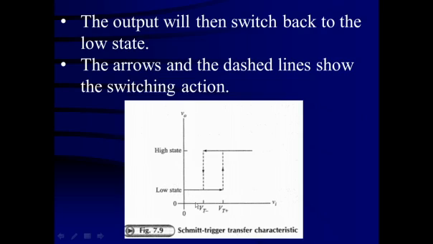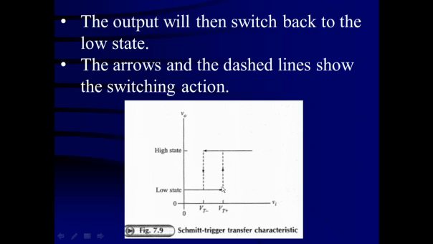Here, this is the input voltage and this is the output voltage. Independently, you can change the input from 0 to 5 volts or whatever is required. The output voltage is initially in the low state, shown by this arrow. So, when the input voltage is low, the output voltage is also low, but when the input voltage exceeds VTH plus, that means up to this input voltage you are increasing, at this particular voltage the output switches from low state to high state.